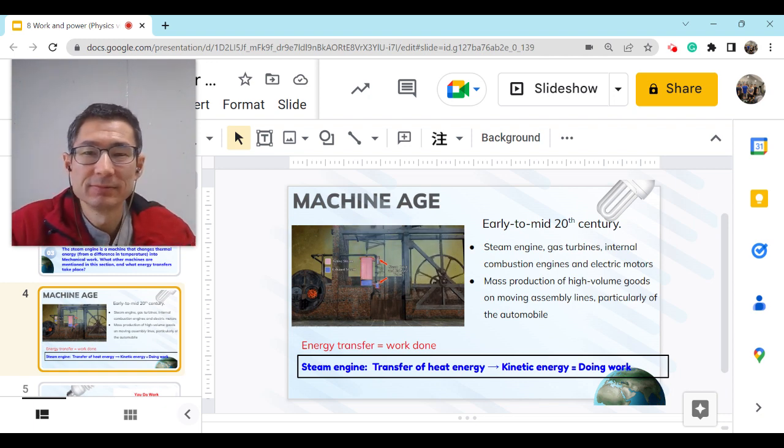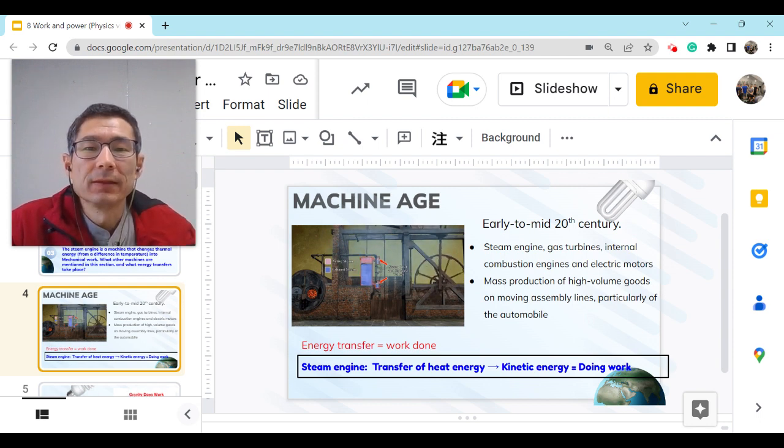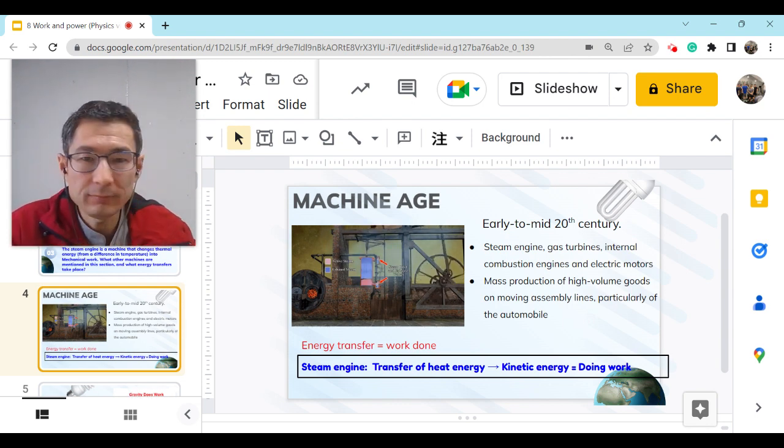All right. As we're talking about the steam engines, this is a Watt steam engine, and it was the start of the industrial revolution. What is the start of the industrial revolution? It is basically the start of using engines, isn't it? Using engines, gas turbines, and also mass production of high volume goods.